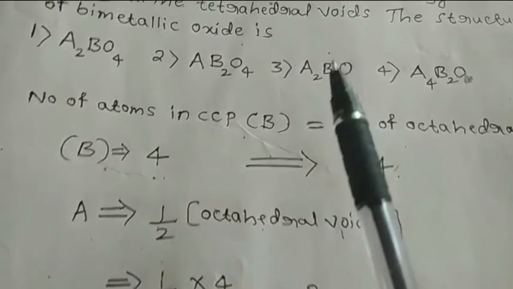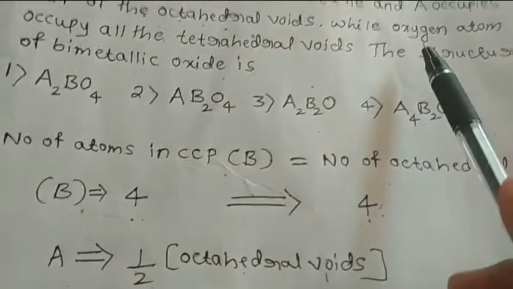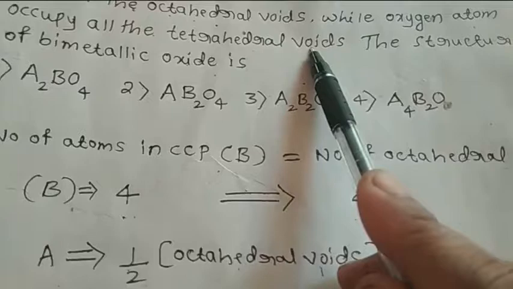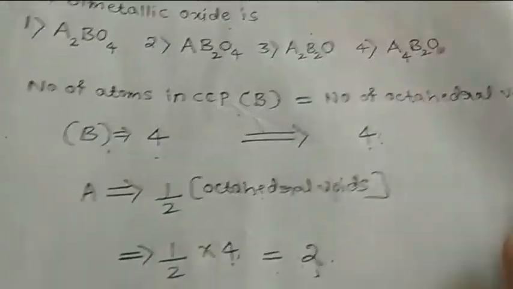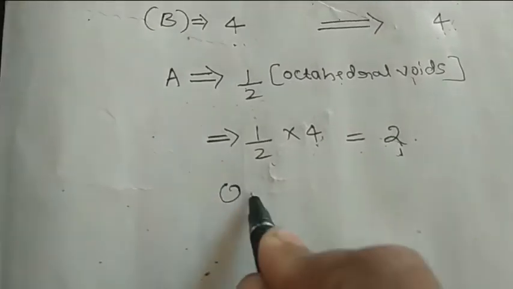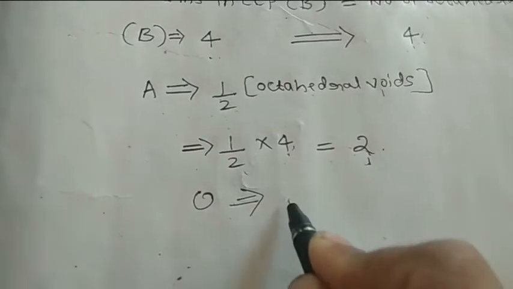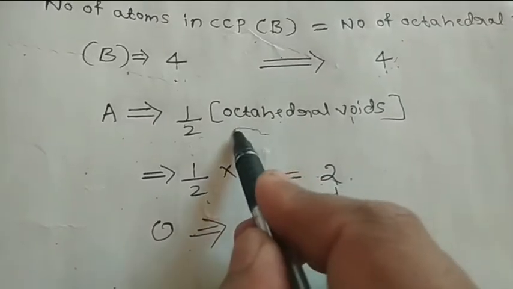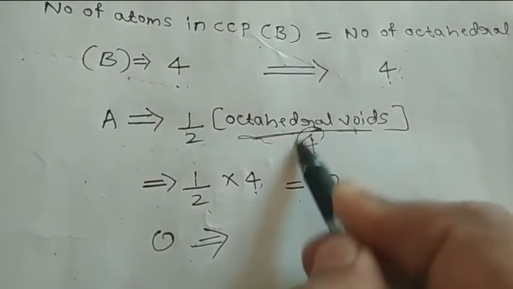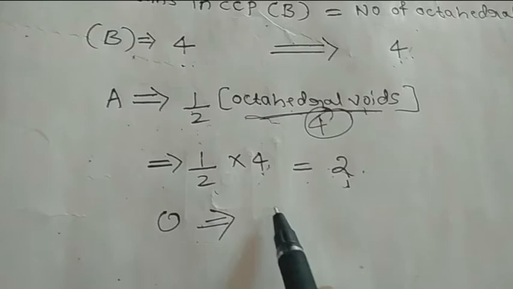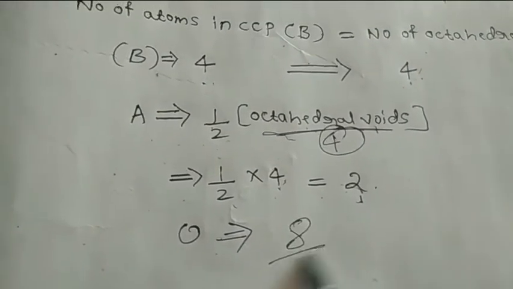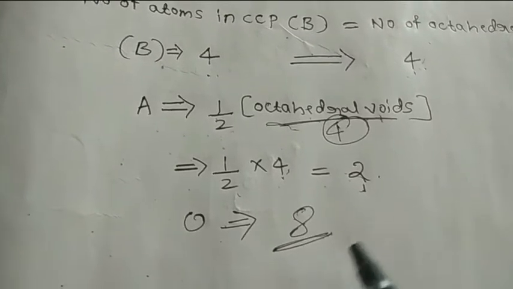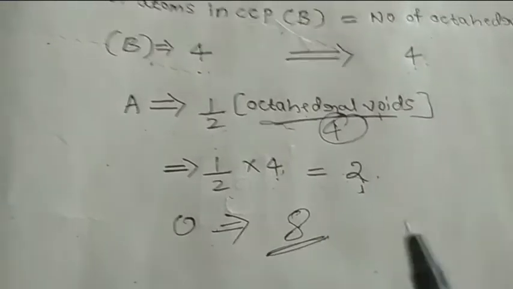And then one more part is there. Oxygen atoms occupy all the tetrahedral voids. What is the O value? It occupies the tetrahedral voids. The number of octahedral voids is 4, and tetrahedral voids become 8, since tetrahedral voids are equal to 2 into octahedral voids.